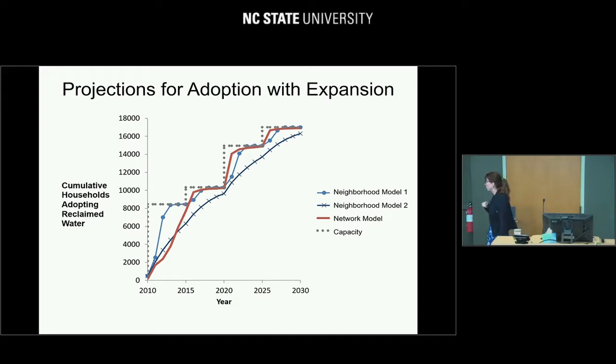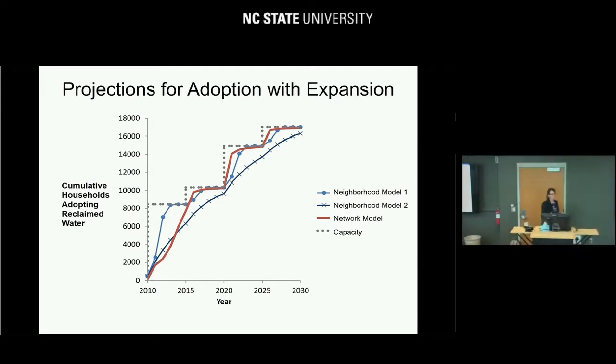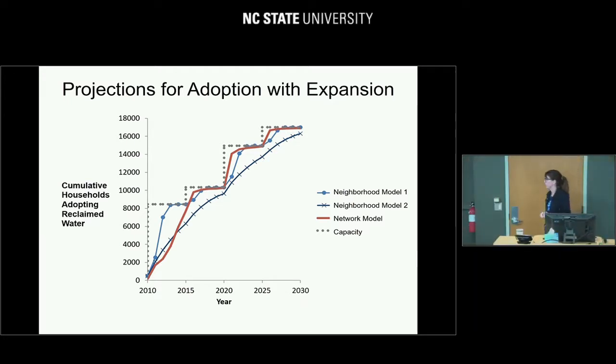So the models that I showed ended at 2012. So we're starting here at 2010. That was 500 households. Cary had, when we were going through this research, Cary had planned to increase capacity up to almost 18,000 households. So that first set of data was quite small compared to what they're planning to do.